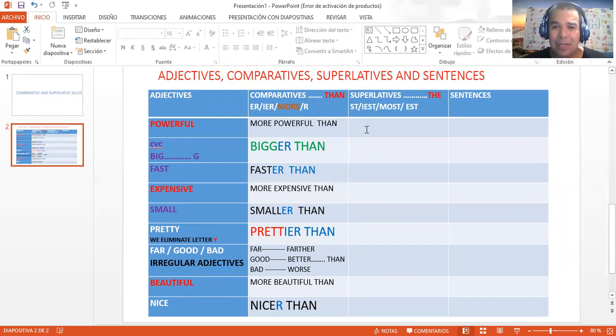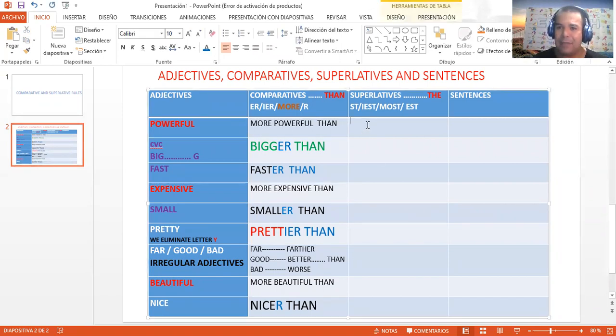So let's continue with the second part, which is the superlatives. If you remember, for long adjectives we were using more. So in here, we have one word that we use for long adjectives. Which one is that? Most. And we say the most powerful.